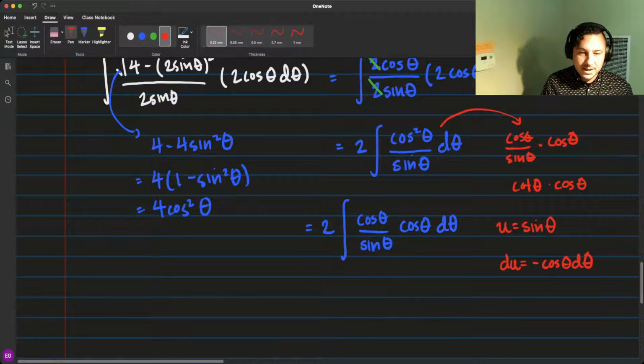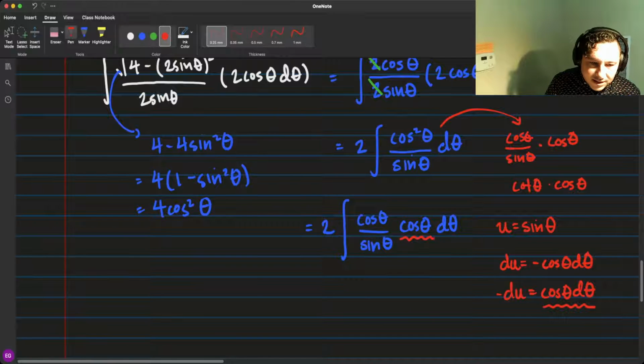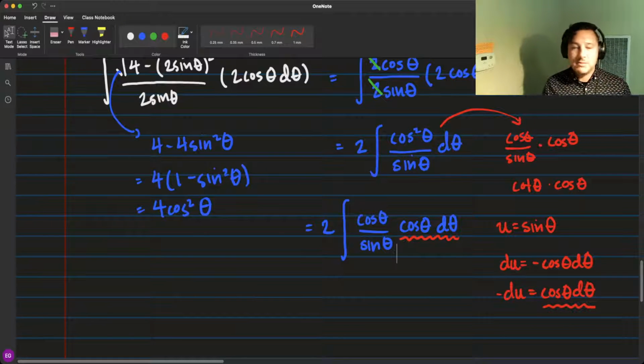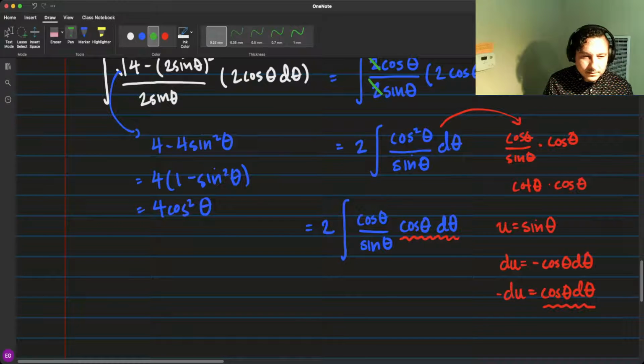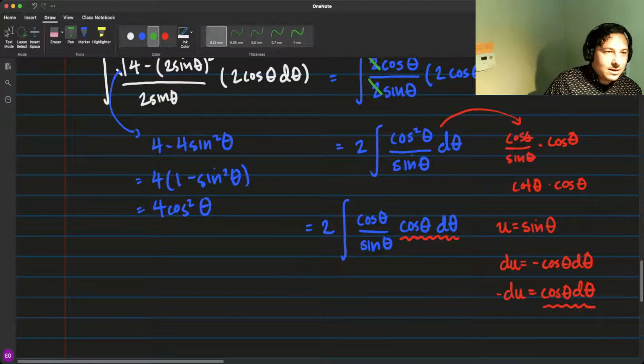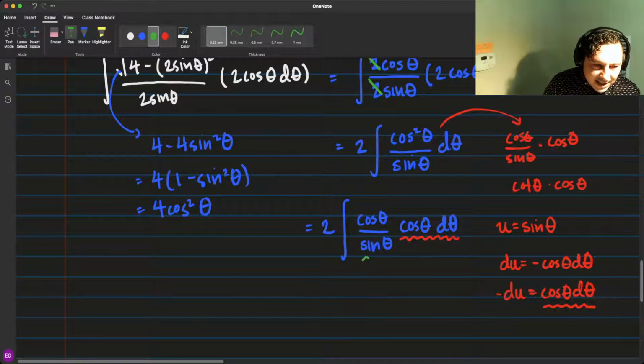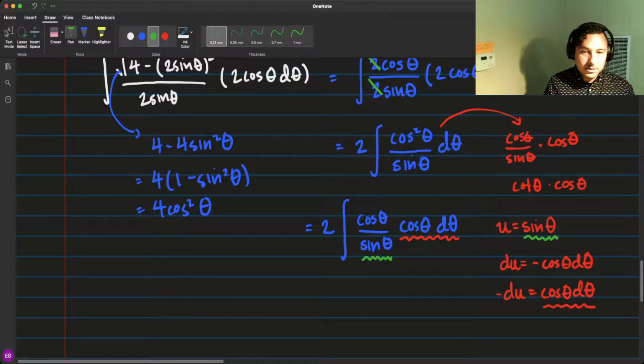Which means I can move that minus over, and I can get minus du equals cosine theta d theta. And that part is right there. Yeah, the minuses are really annoying. And then my sine theta I can replace with u. And now I just need to figure out what to do with my cosine theta.